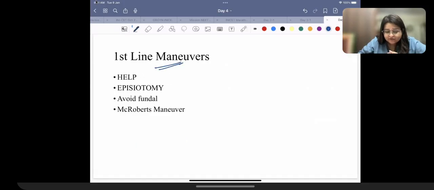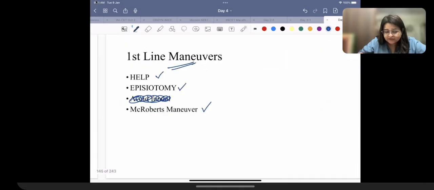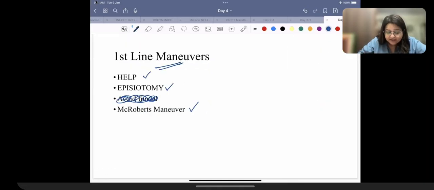So first line maneuvers are help, episiotomy, okay? McRoberts maneuver, of course, you will not give fundal pressure, but that's not part of the mnemonic. Avoiding fundal pressure is part of the process, but it's not a step in the mnemonic. And last, P is suprapubic pressure.